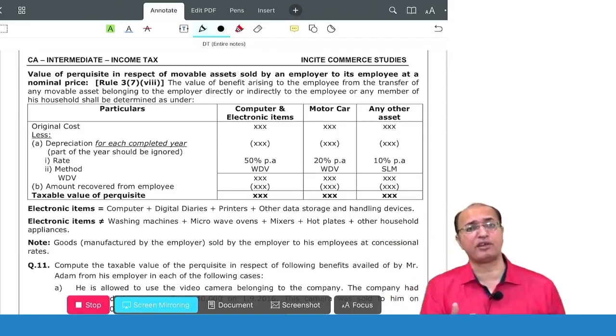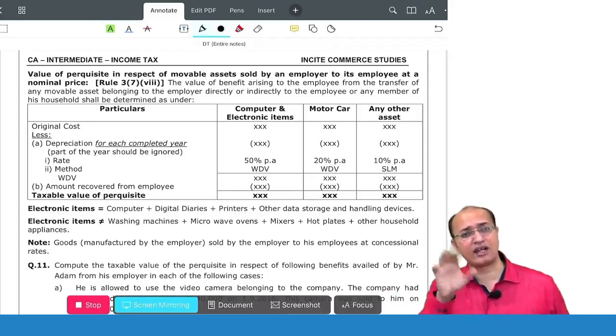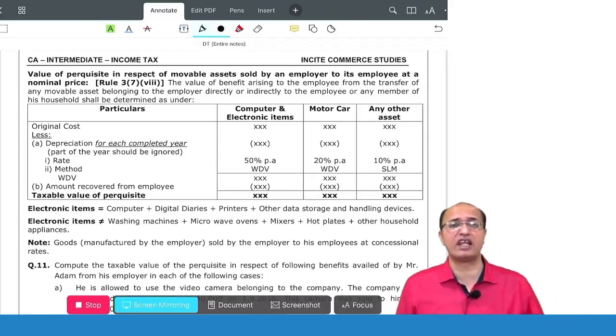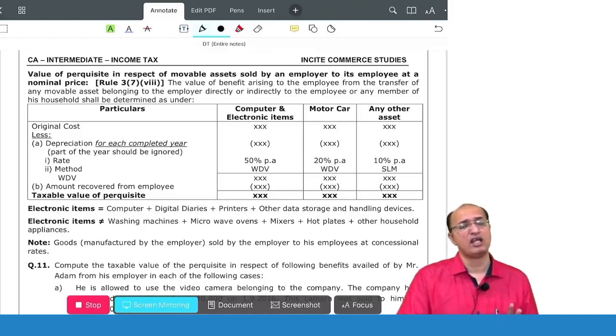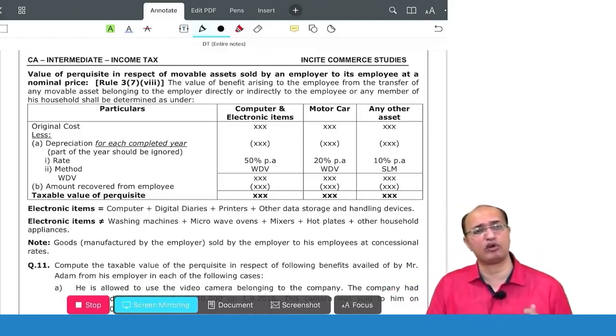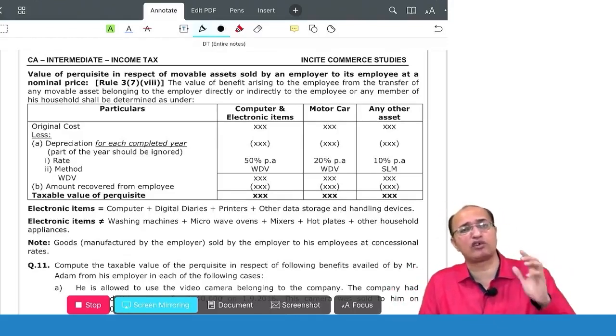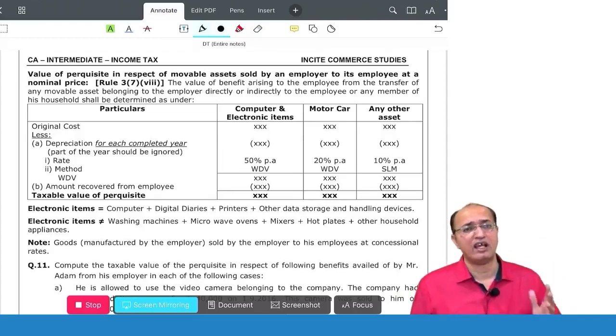You deduct that depreciation to arrive at the amount of WDV. Thereafter, that WDV is compared with the selling price. If the selling price is more than WDV, then you say that there is a profit on sale of asset. Whereas, on the other hand, if the selling price is less, WDV is more, then you will say that there is a loss on sale of asset.